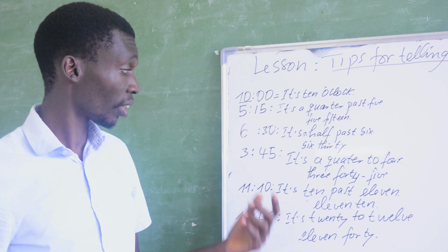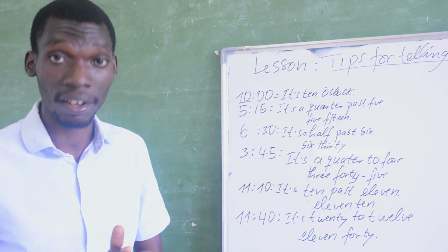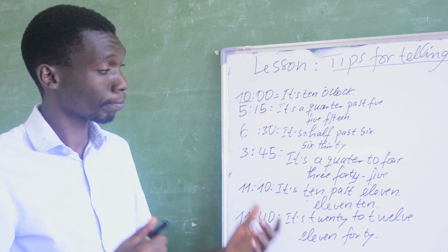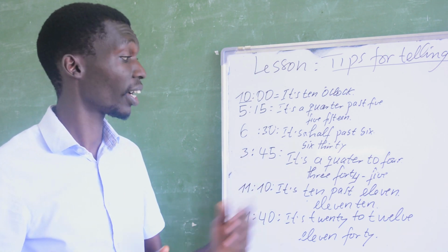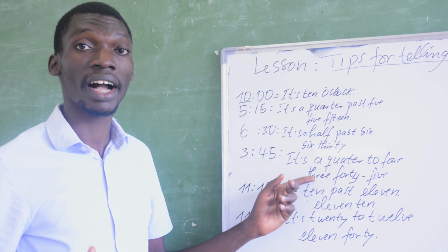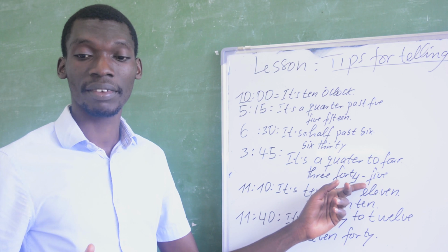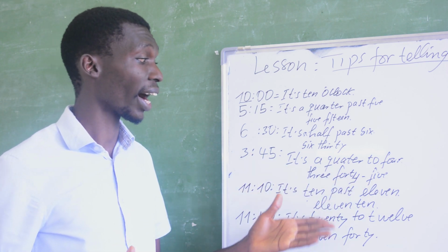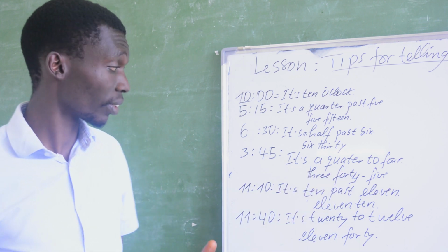Is that understood? Now, for example, if I usually finish my work at this time, I will say, every day I finish my work at 3:45. Okay? Every day I finish my work at 3:45. Is that understood? Good.